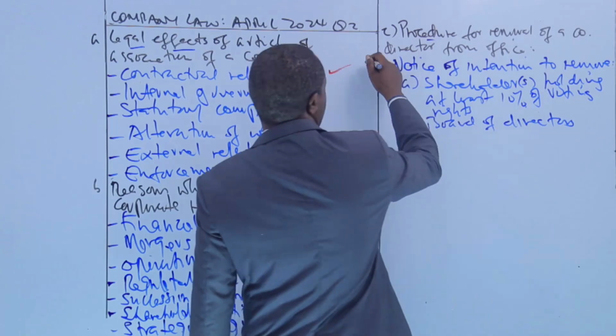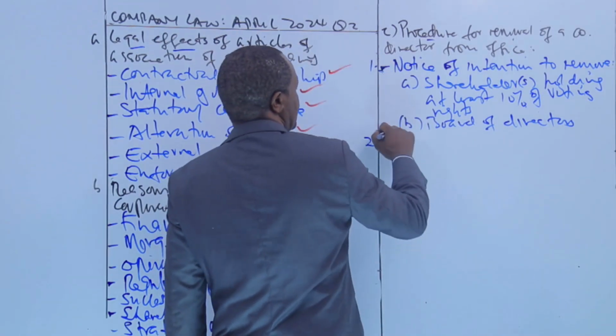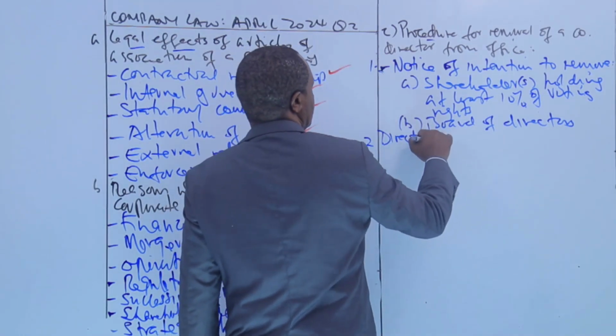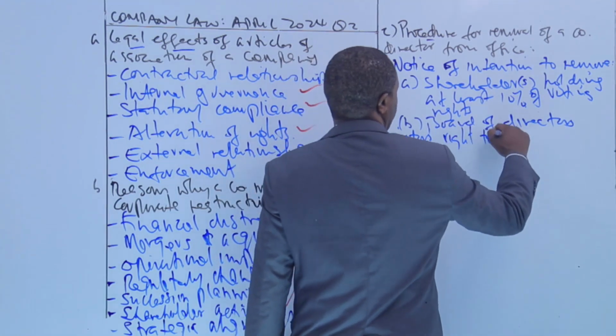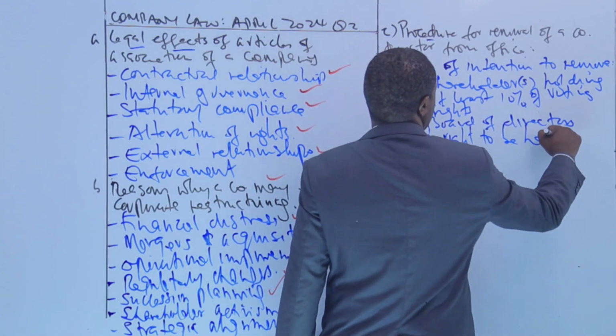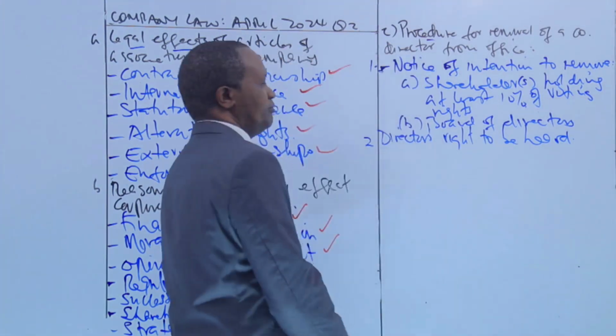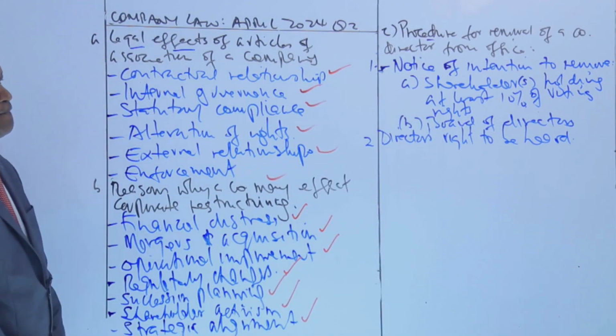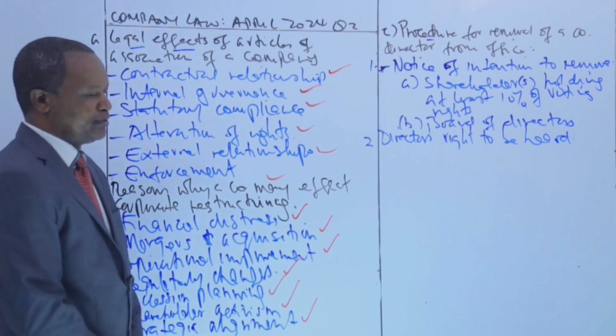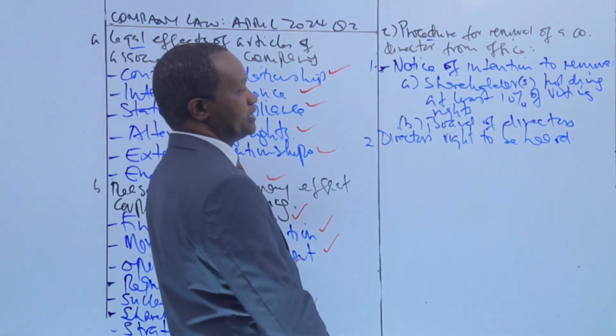Then in the procedure, candidates, we have the director's right. This is number one: the director's right to be heard. And this director may be heard in person, or through a representative.